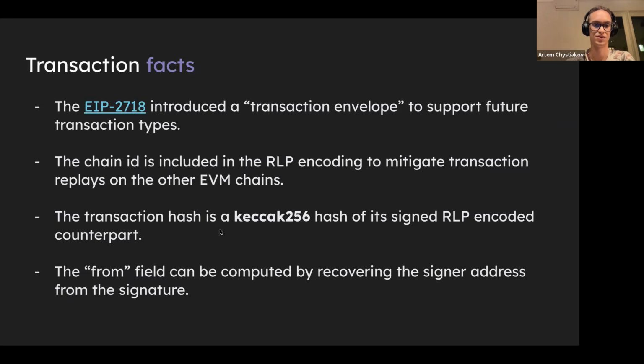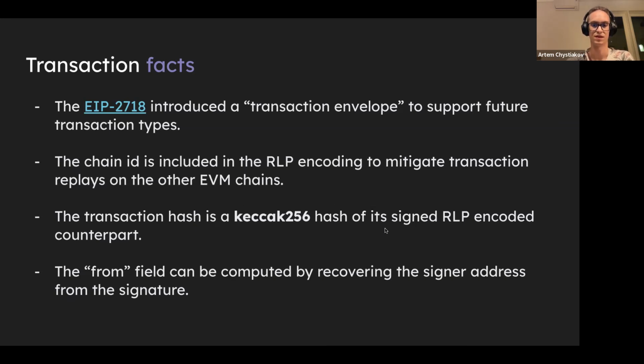And the transaction hash is a keccak256 hash of its signed RLP encoded counterpart. Yes. So when you construct a transaction, you encode it with the special recursive length prefix encoding. You get the raw bytes of the transaction. Then you sign it with ECDSA, get the signed transaction and the signature.